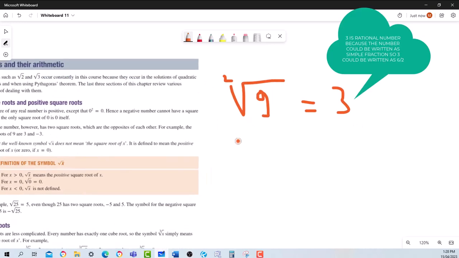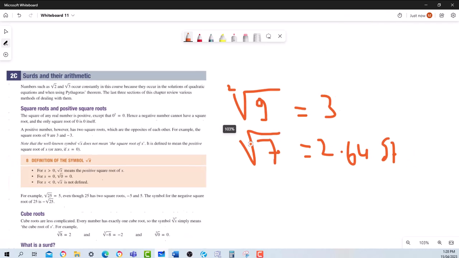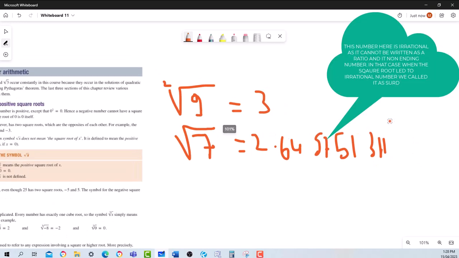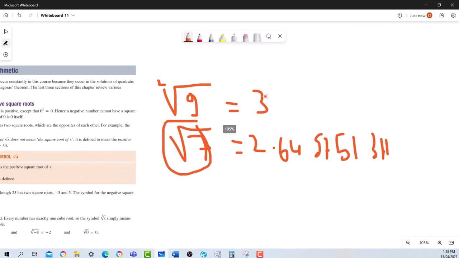Whereas the square root of 7 gives us 2.6457 and so on on the calculator, a non-ending number, so this number is irrational. This one is called a surd, but the other is not a surd because the answer is rational.